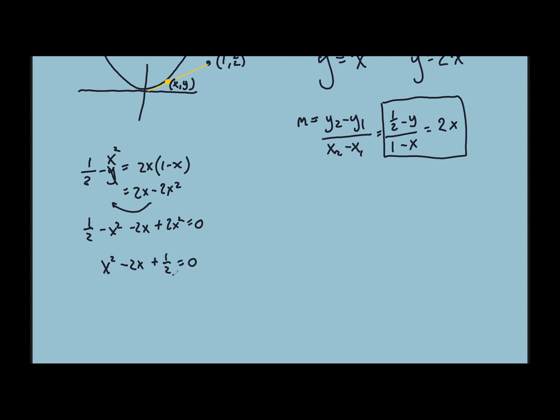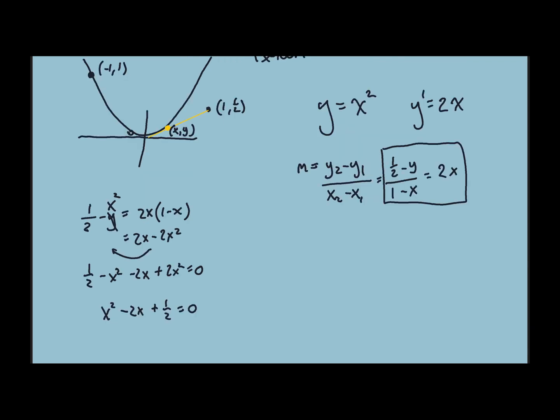There aren't a lot of things that multiply to make 1/2, but add up to be negative 2. So I think we're going to have to do the quadratic formula with this. And this is where a good student becomes an amazing student, because if you remember the quadratic formula, you're a great student. Negative b plus or minus, and I always write the square root last, all over 2a.